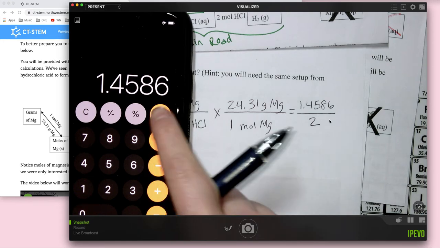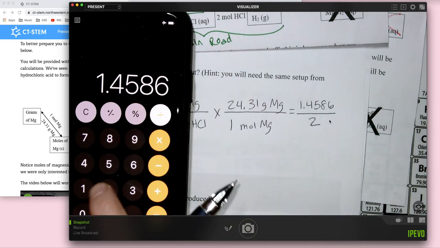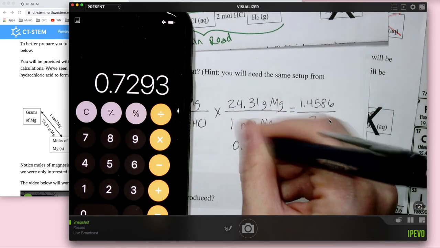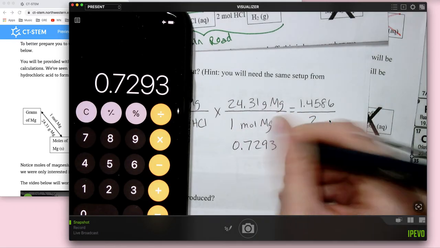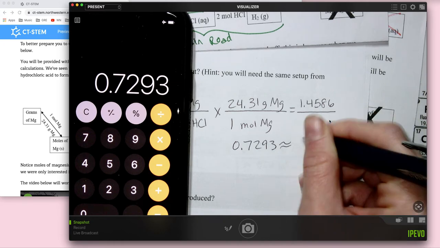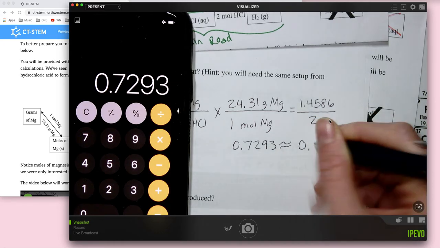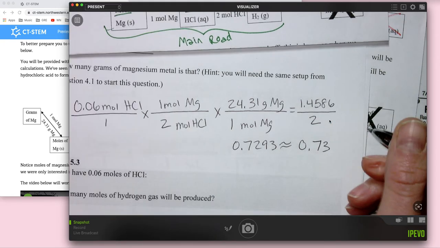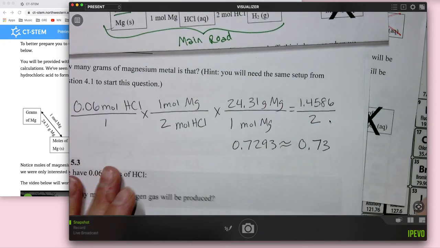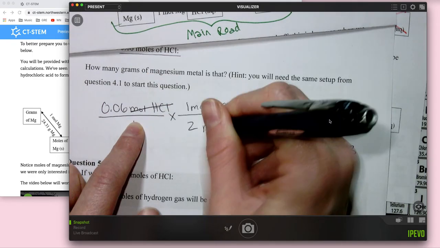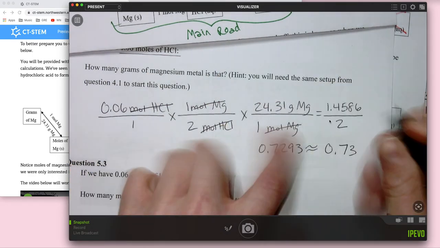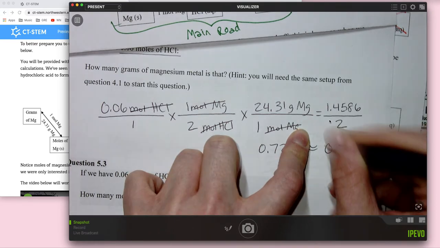So I have this number divided by 2, and I end up getting 0.7293, which I want to round to my hundredth, so I can round that to 0.73. And then I need to figure out my units. So mole of hydrochloric acid cancels, mole of magnesium cancels, so I'm left with grams of magnesium.